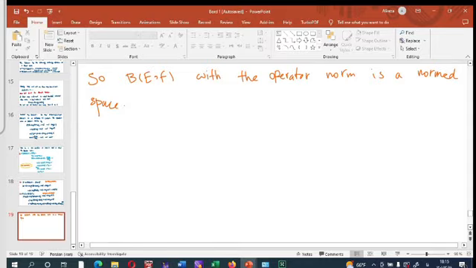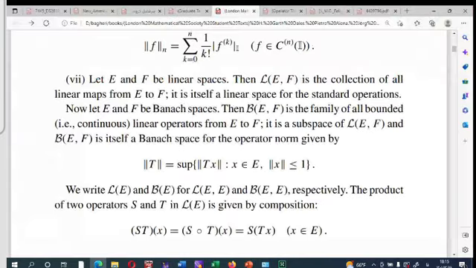Okay, and this norm space is a Banach space.